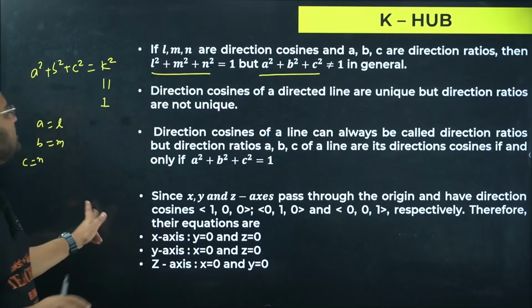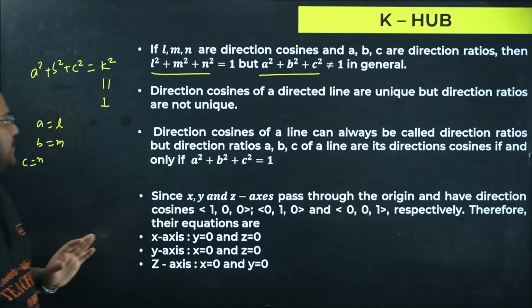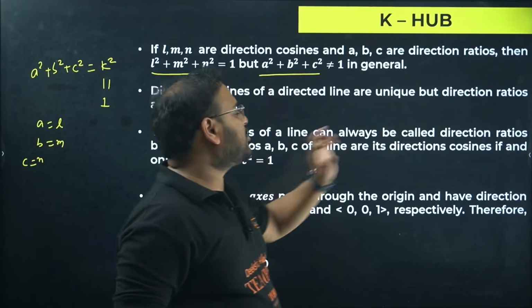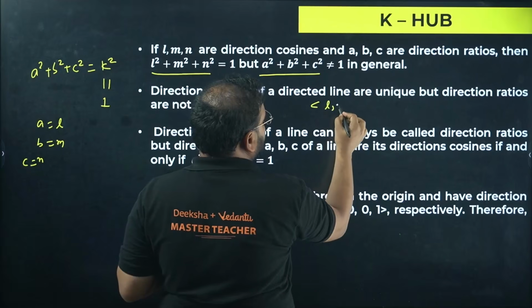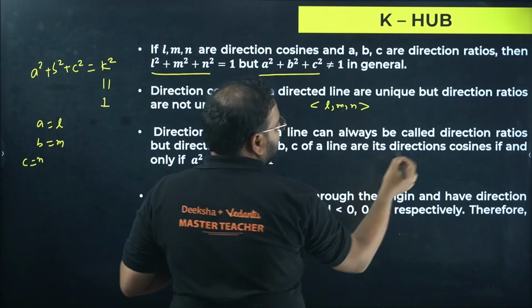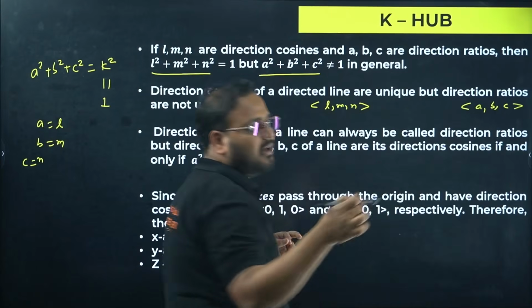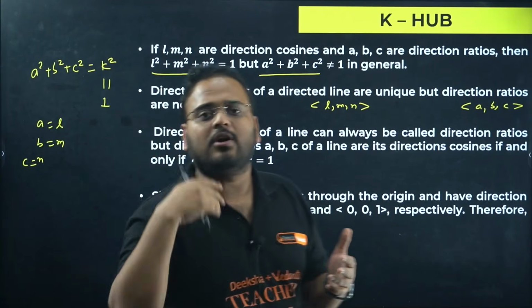In this case remember lambda square or r square, whatever is the condition. Direction cosines of directed lines are unique, but direction ratios are not unique. So l, m, n values are always unique, but direction ratios a, b, c are not unique because you have a multiplying factor r over there. Depending upon the value of r, the ratio will keep changing.